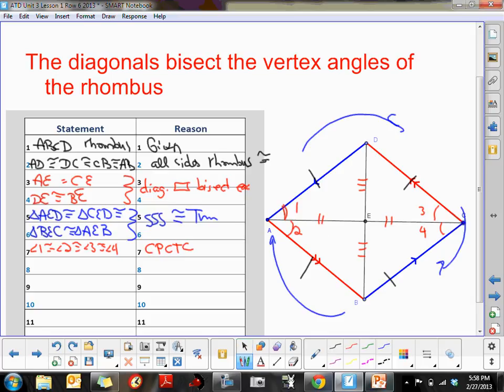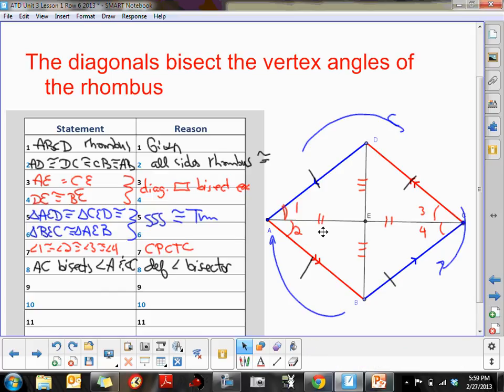So because they're all congruent, that means that that diagonal had to bisect them. So because angle 1, angle 2, angle 3, and angle 4 are all congruent to each other, that meant that the diagonal AC bisects angle A and angle C, cutting them into two equal parts, by definition of an angle bisector.